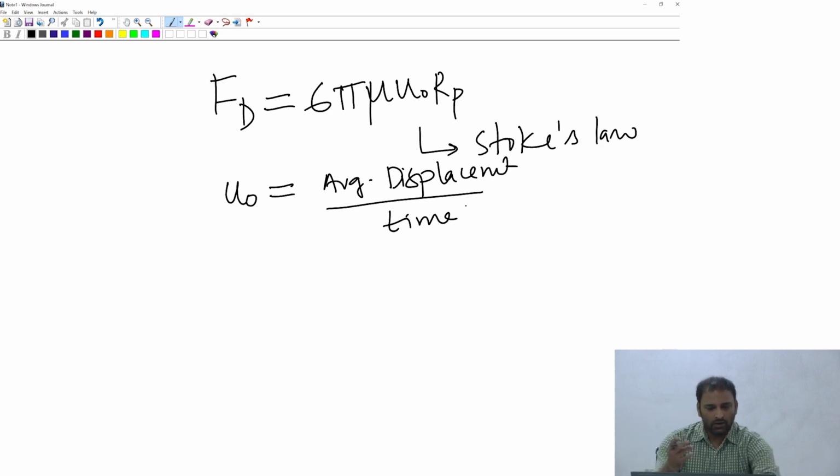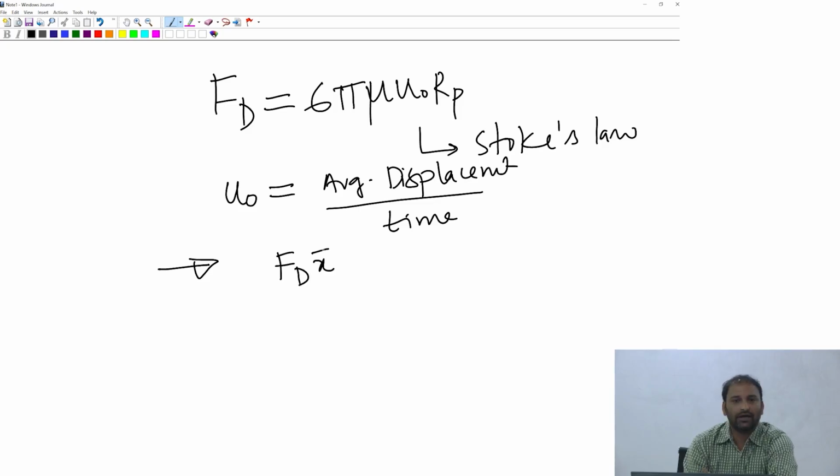The work that has to be done for moving the particle, or the energy that is required to move the particle, is essentially your Fd times x bar. Your force multiplied by distance, and we know that it has moved an average distance x bar.